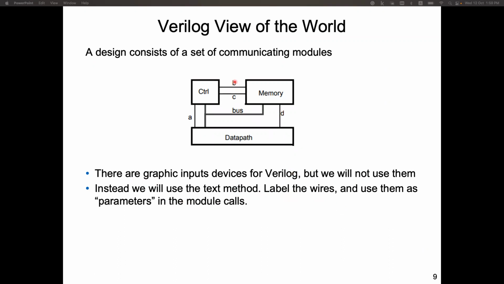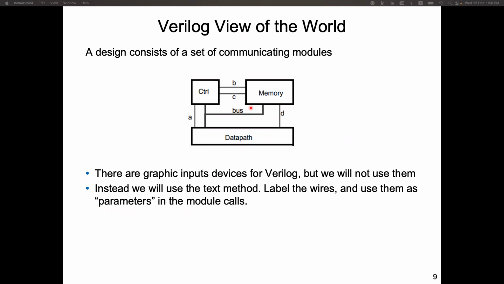For example, this Y is labeled as B, C, A, bus, which is a collection of multiple wires, D. So you label wires and use them as parameters in the module calls.